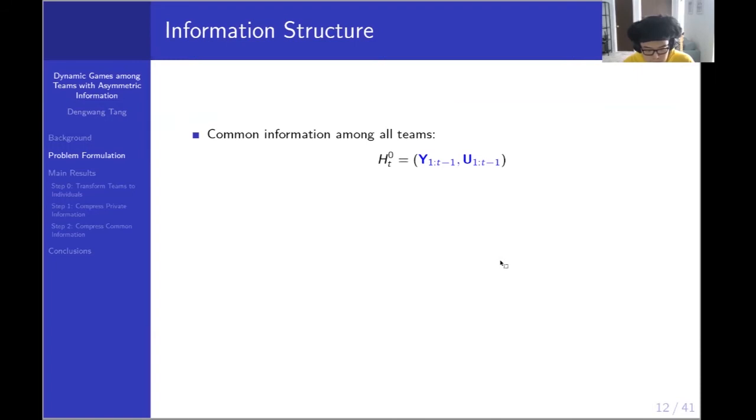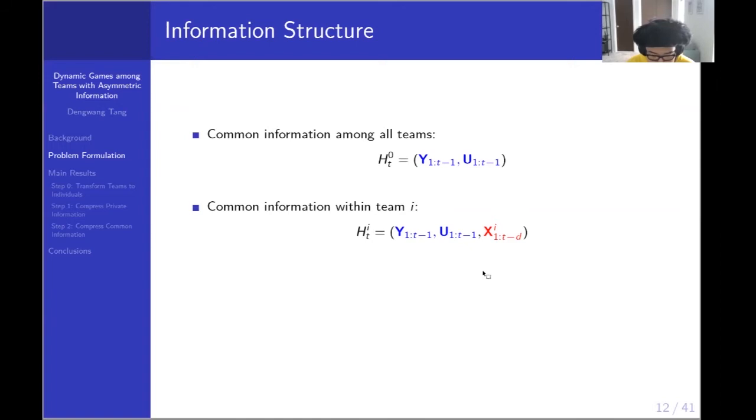So to summarize, there are 3 levels of information in our model. The first level is the common information known by every member in every team, that is given by noisy observations and all the actions. The second level is the information that is private to team i.